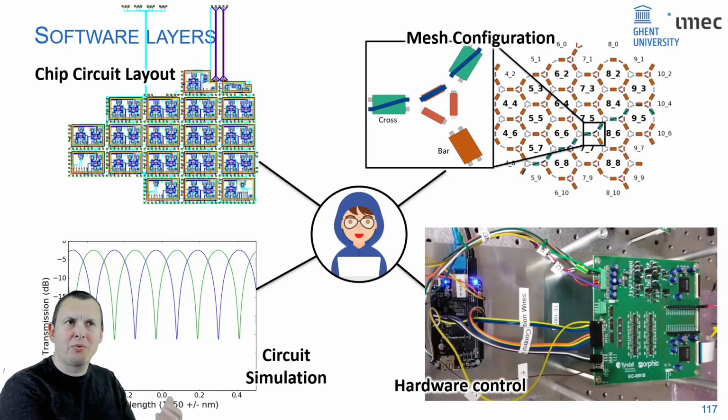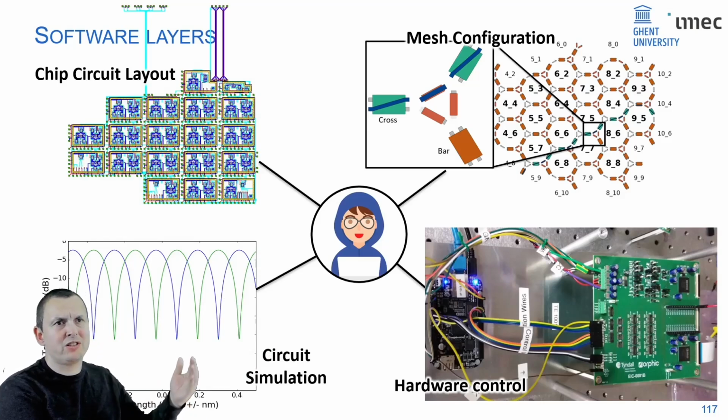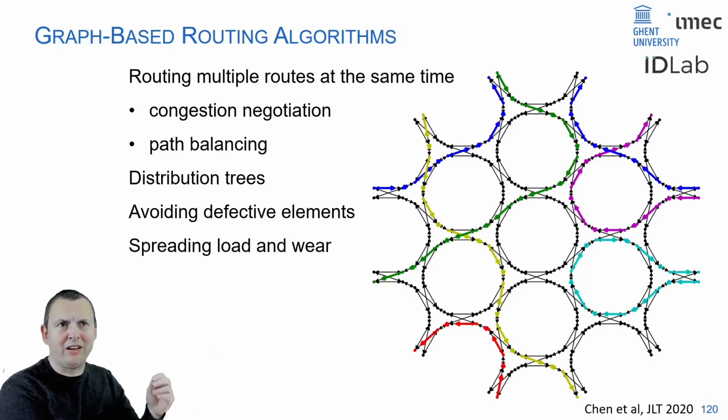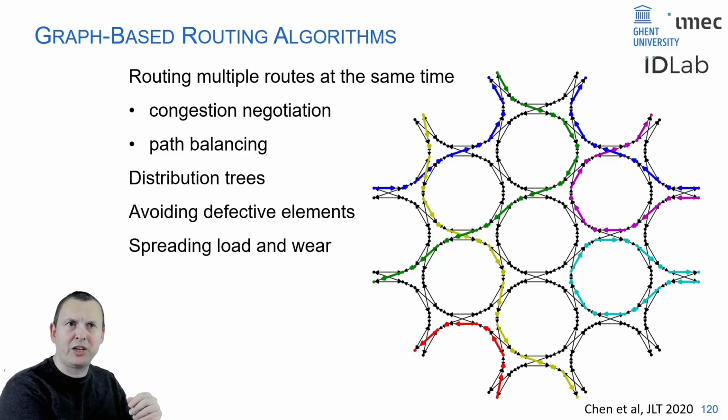So when we develop programming routines, for instance, based on these graph representations, like to automatically identify routing paths through the mesh, we can do that directly in the software and download that configuration also directly into our hardware.